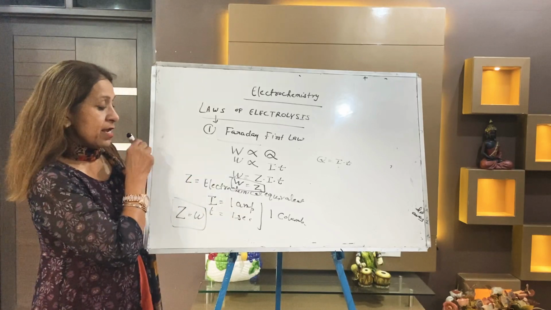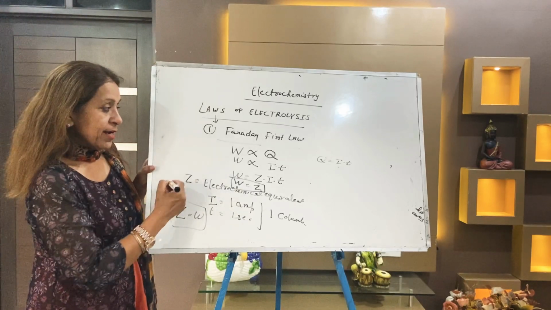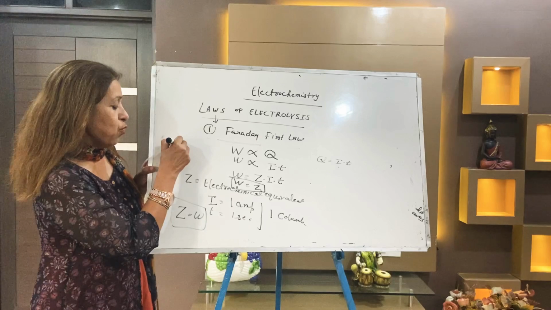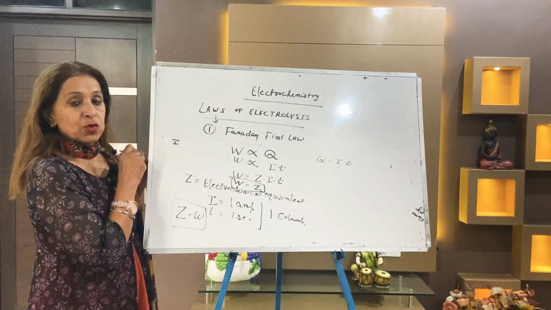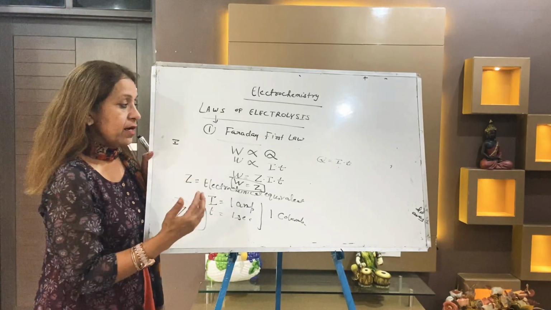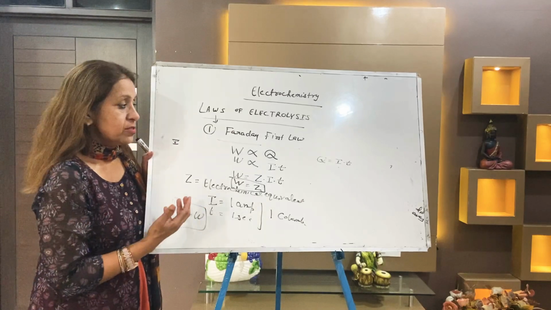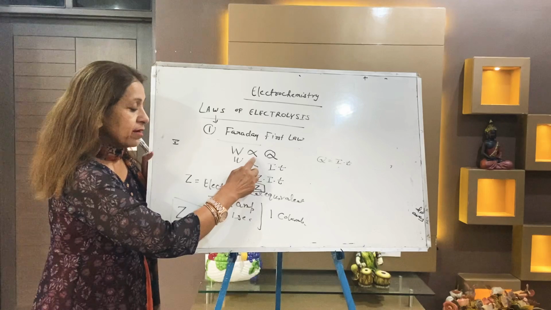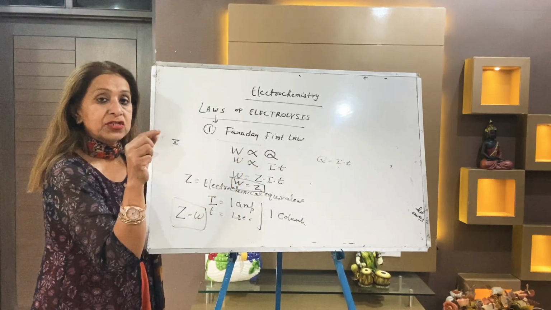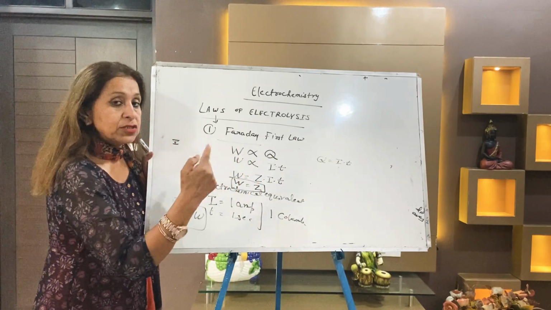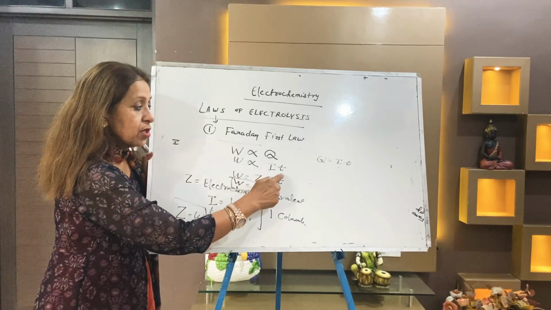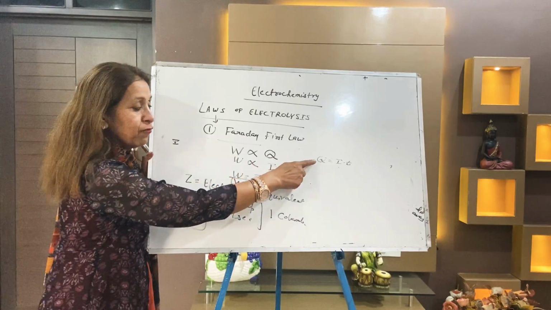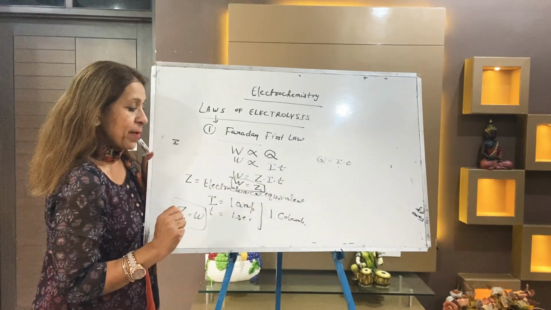So this is my A part, what I have explained to you. Mark it with Roman numeral 1. Again, listen before taking the second. According to Faraday's first law, the weight of the substance liberated is directly proportional to the quantity of the charge. Q is equal to I into T. This formula we will soon apply in the numericals.